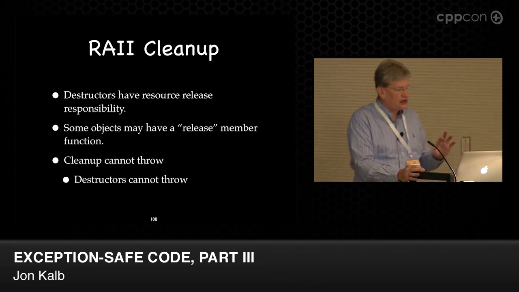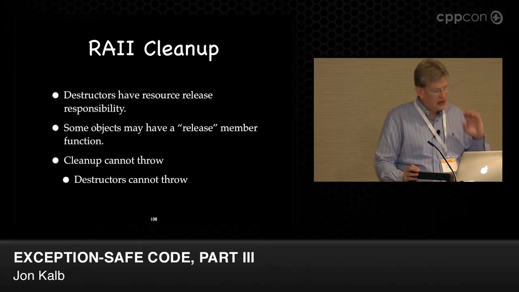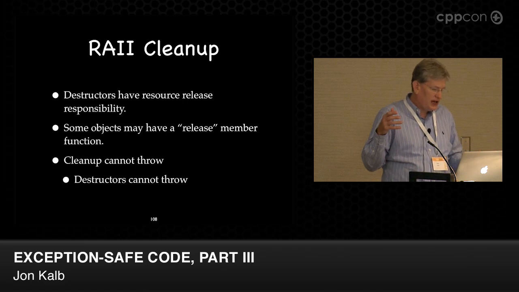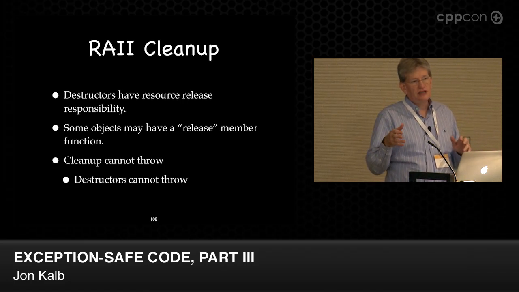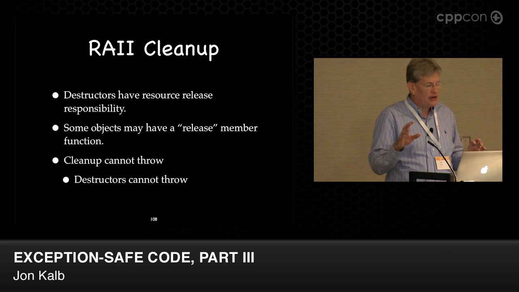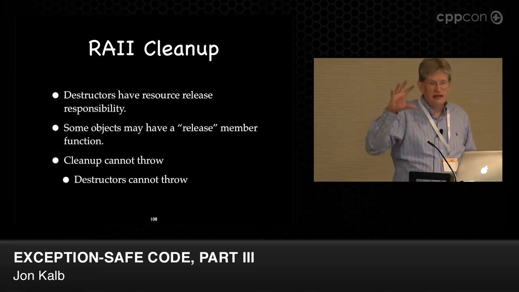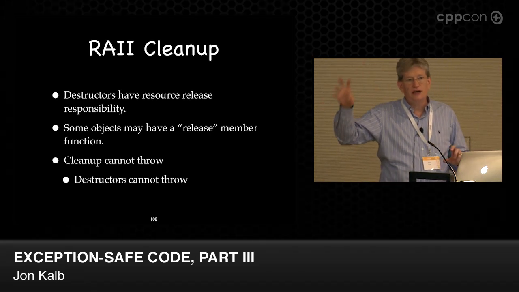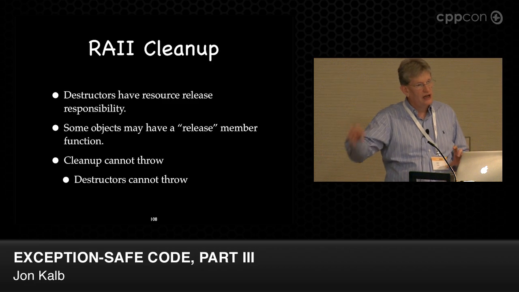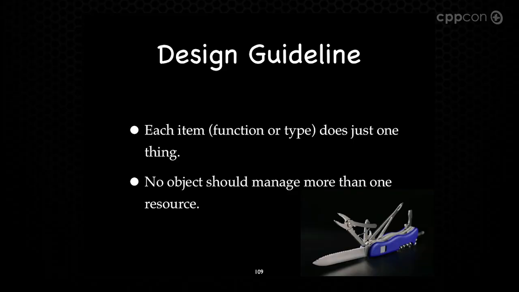It says that the destructor has resource release responsibility. Sometimes objects will have a release member function, which basically says somebody else is going to clean it up. You don't have to worry about it. But in general, the idea is that this object is responsible for cleanup of a resource when its destructor is called. And remember, cleanup cannot throw, which means the destructor cannot throw.